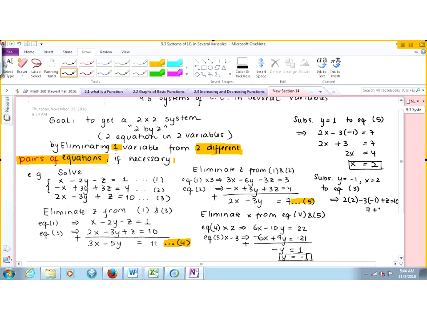So what's this? 4 plus 3, 7 plus z is 10. So z is 3. Even if you substitute into equation 1 or 2, we still have the same answer. So let's write down the ordered triple: 2, negative 1, 3. So this is my solution.